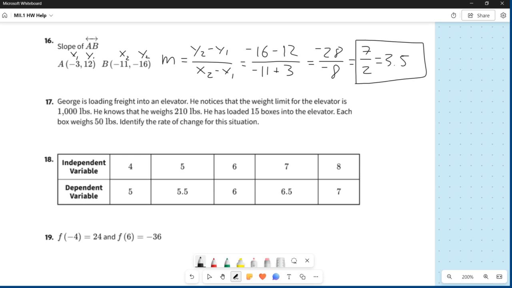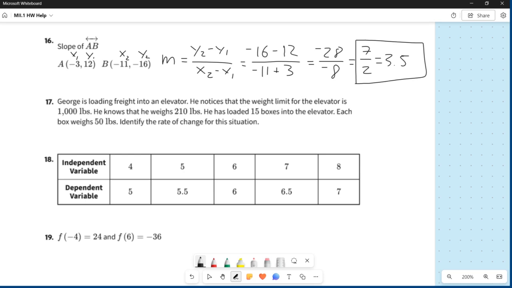There was a lot of information in this problem that turns out to be irrelevant to the answer that we're looking for. Now, in another context, we might need all of this information. However, the directions just simply say, what is the rate of change? So in the context of this problem, the thing that's changing is the number of boxes.